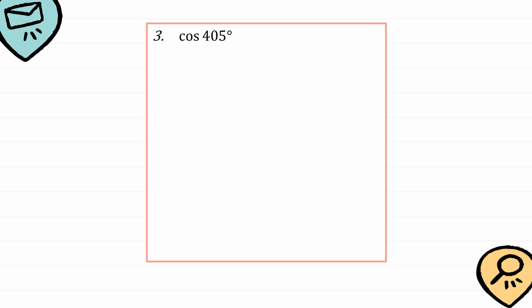Right. So for the third example, we have cosine 405 degrees. As you would notice, 405 degrees is already outside our range in the given circle. So the first thing that we have to do is to find the smallest positive coterminal angle. And that is done by subtracting 360 degrees from 405. So 405 degrees minus 360, that is 45 degrees. So what does this mean?